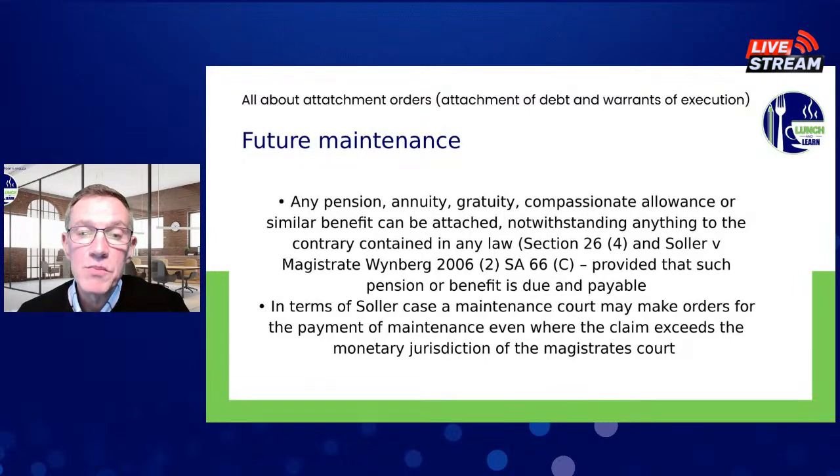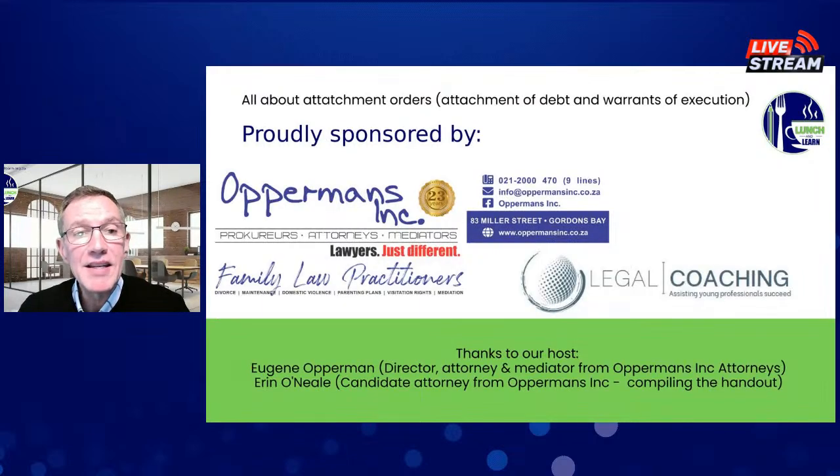That was specifically mentioned in terms of Section 26(4) of the Maintenance Act, and it was amplified by the judgment of Soller versus Magistrate Weinberg in 2006. It provided that there is a mechanism where you can attach a pension, gratuity, or any allowance benefit that is due and payable, but it should be due and payable to the respondent. That is basically the future maintenance as well.